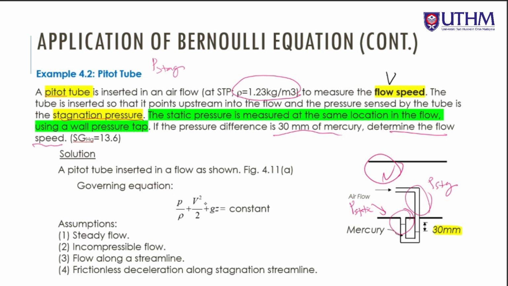Firstly, the assumptions, the usual Bernoulli assumptions that we need to take note of. The flow must be steady, incompressible, flowing along a streamline, and also inviscid, meaning frictionless, where viscous effects are not present. These assumptions are important to take note of.